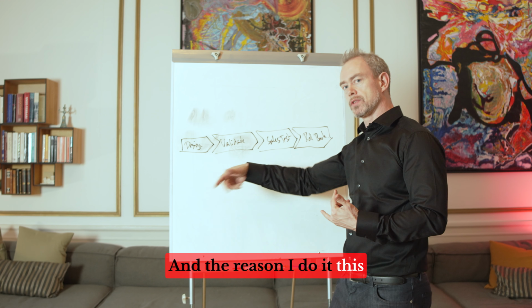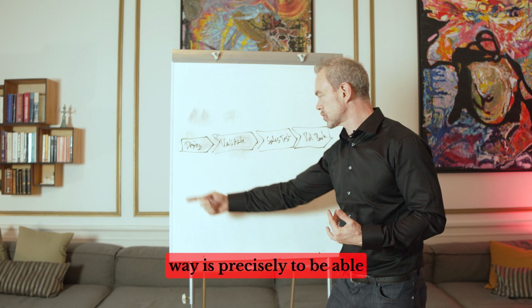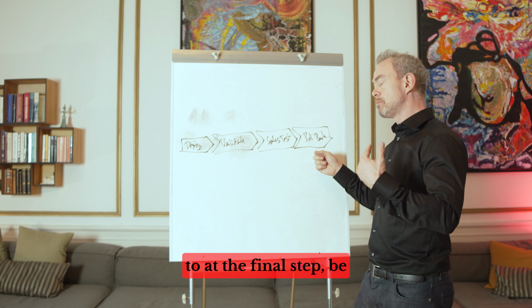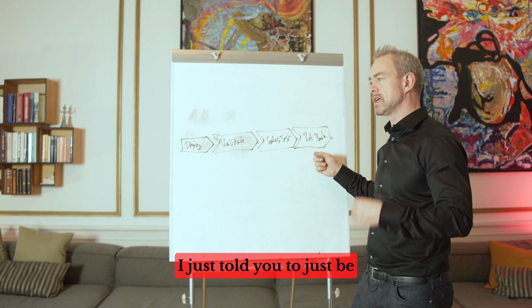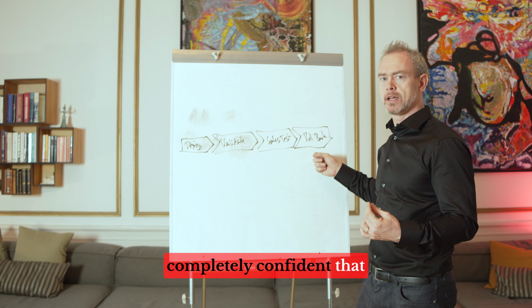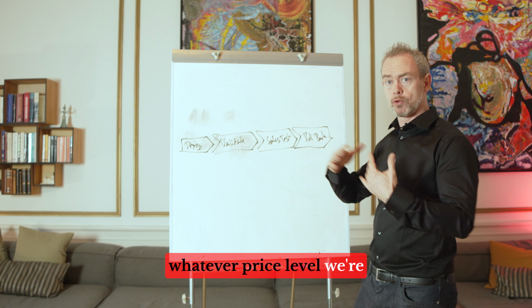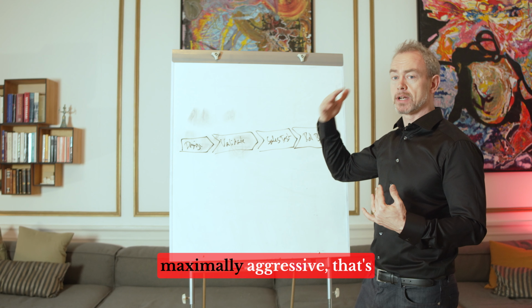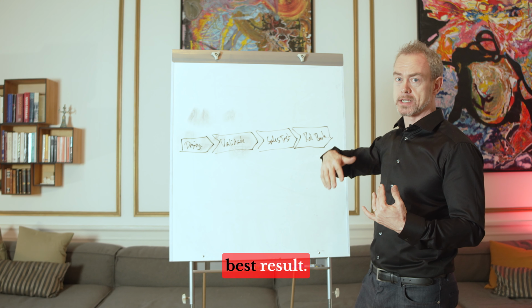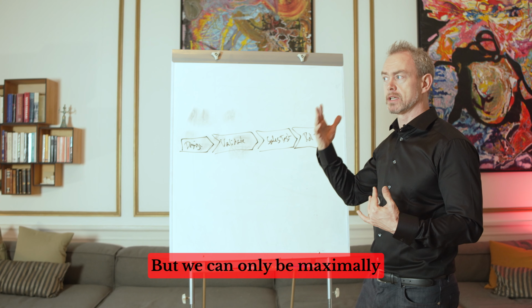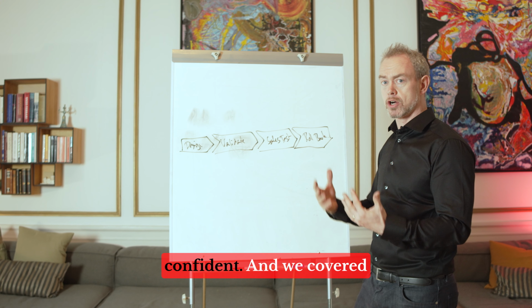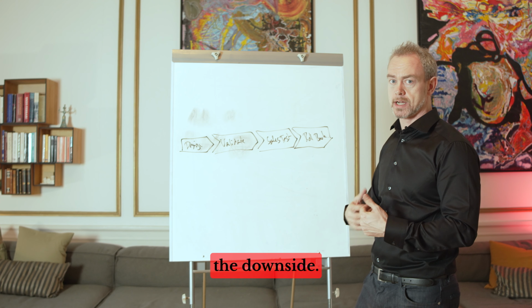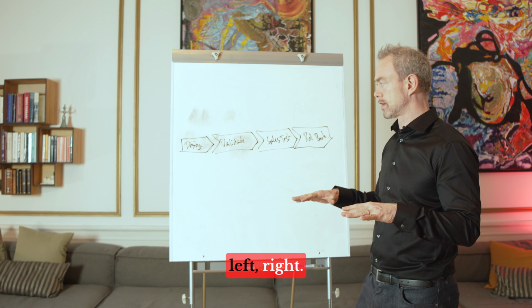And the reason I do it this way is precisely to be able to, at the final step, be in that position I just told you, to just be completely confident that whatever price level we're implementing is the right one. Because if we can be maximally aggressive, that's also where we can get the best result. But we can only be maximally aggressive if we're also maximally confident and we covered the downside, so we have almost 0 risk left, right?